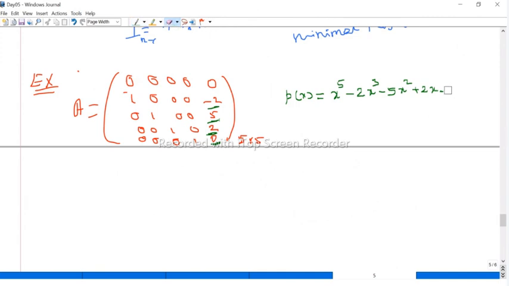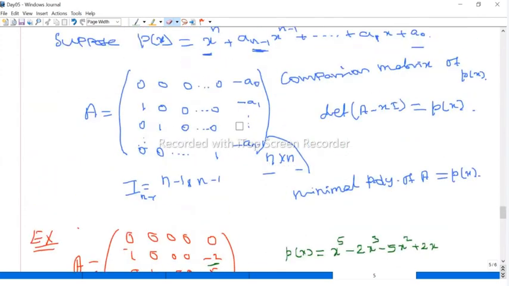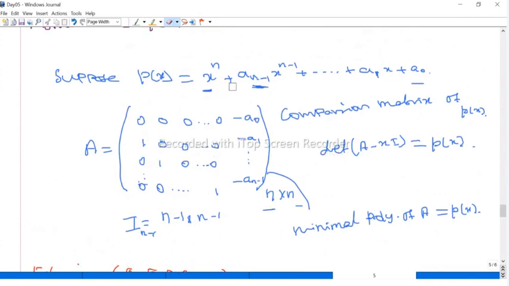Sir, then it will be plus 5x square, no, sir? No. Everything should be minus. If the P of x contains plus terms, you have to multiply minus to each term, and then you put all the terms in the last column.